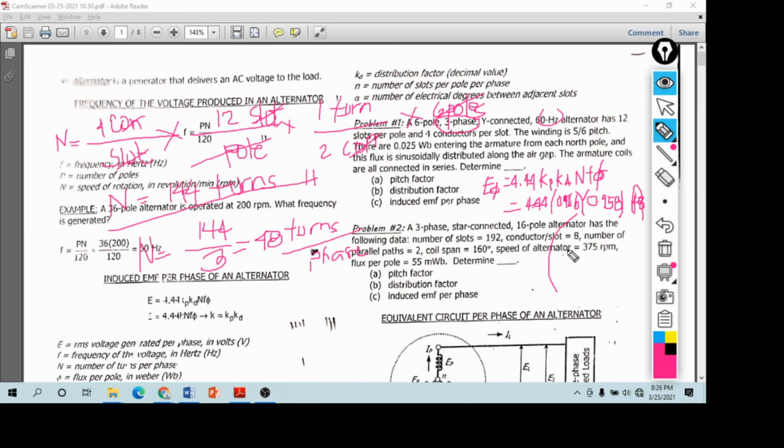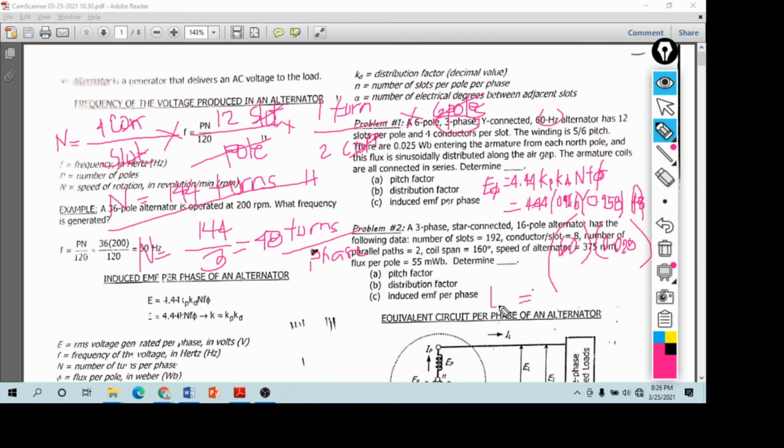Next, f is given as 60. Next is flux, 0.025, or that is 25 milliweber. So solve that: 4.44 times 0.966 times 0.958 times 48 times 60 times 0.025.